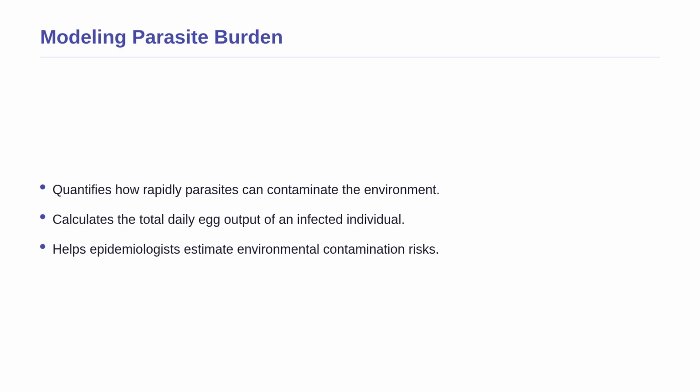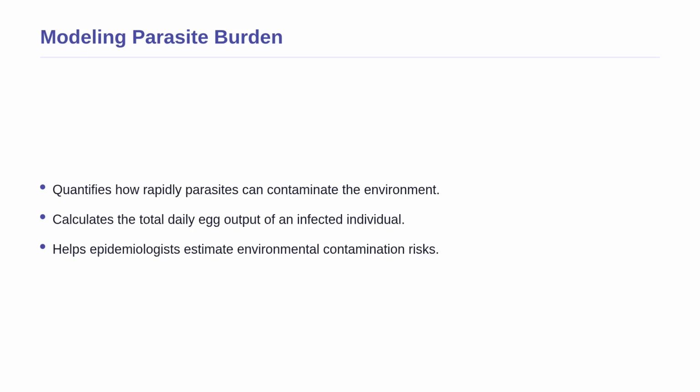To truly understand the severity of this public health threat, we must move beyond biology and look at the numbers. We need to quantify exactly how rapidly these parasites can contaminate the environment. By calculating the total daily egg output of an infected individual, epidemiologists can estimate the environmental contamination risk in a specific community.